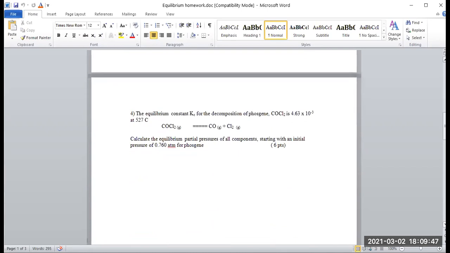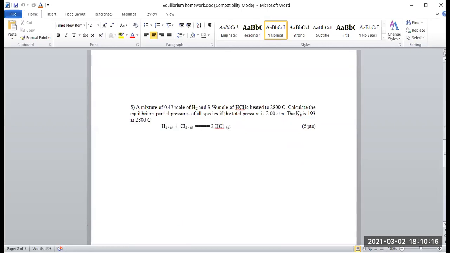For number 4, you have Kc, but I ask you to find partial pressures. So the clue in starting this one is to convert your Kc to a Kp before you do your ICE chart.